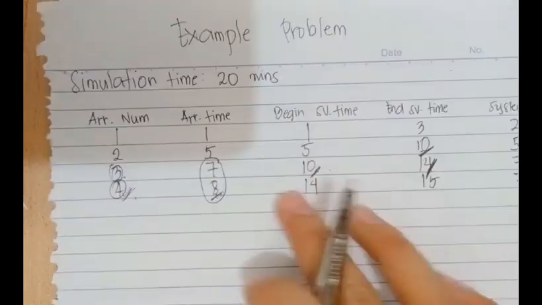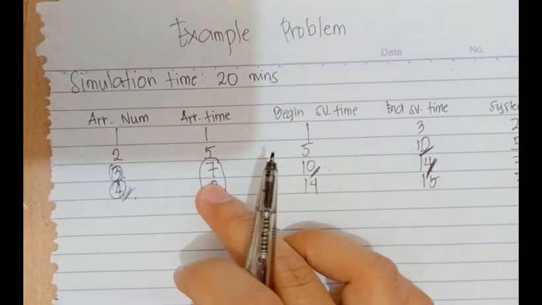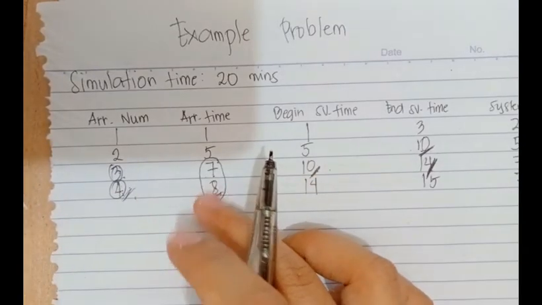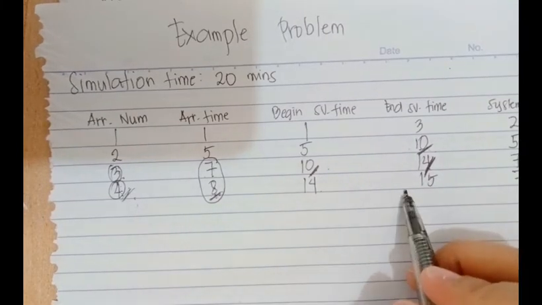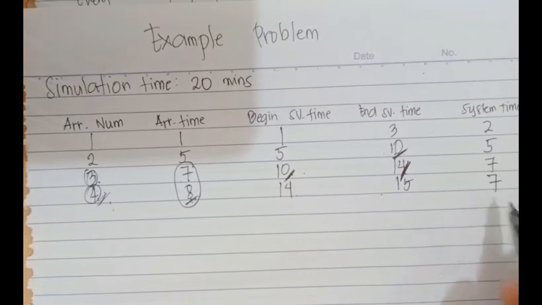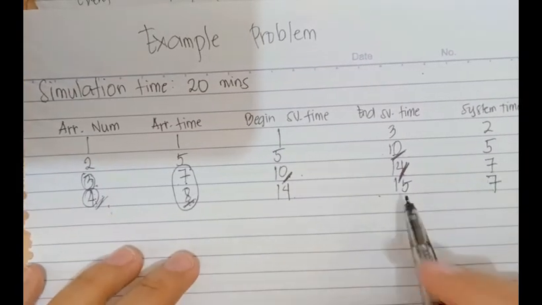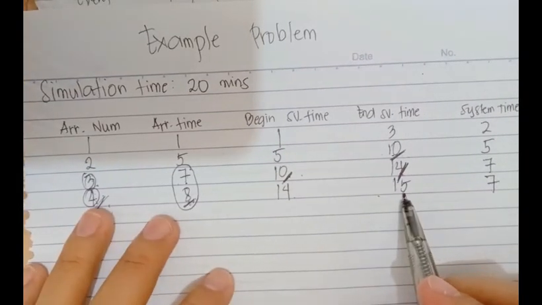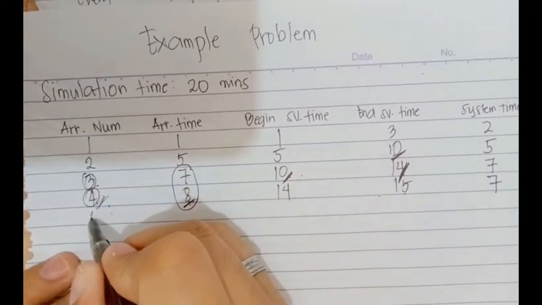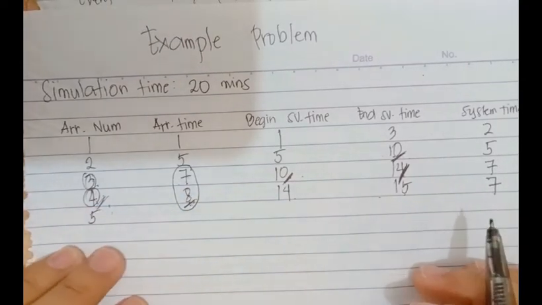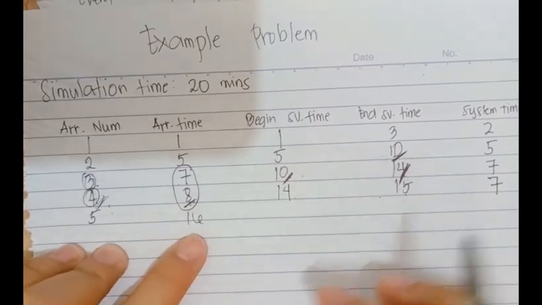Now here, entity 4 is on service with a system time of 7 minutes, ending at 15 minutes. Entity 5 enters at 16 minutes.